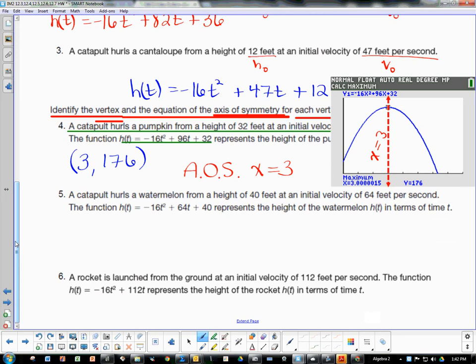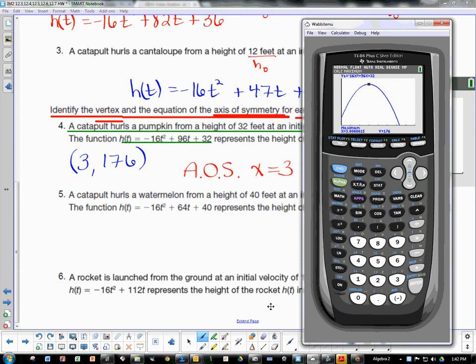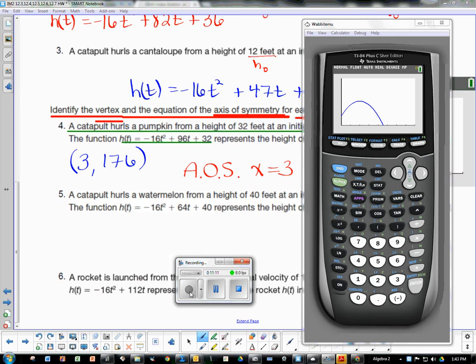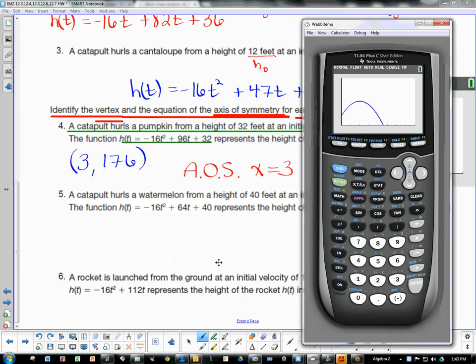All right, so we've got a watermelon now. And here is your, from a height of 40 feet, initial velocity, but they gave you the function. So I'm going to open this up. I'm going to pause the video, do this ahead to save time. Okay, here's my equation. Here's my graph.